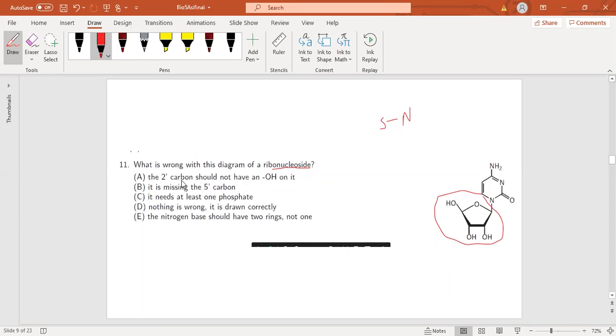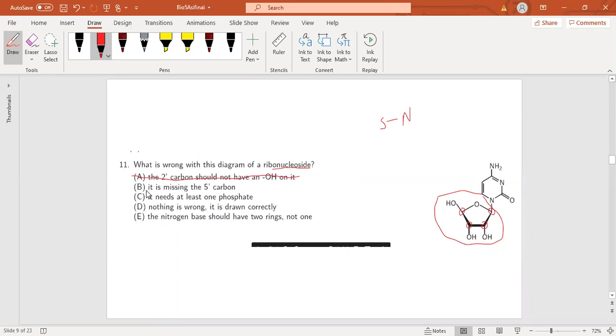The 2' carbon should not have an OH on it. Well, let's label the carbon. So we have our 1', 2', 3', and 4'. Well, our 2' carbon does have an OH on it, and it's saying we shouldn't. Well, if it didn't, then it would be considered deoxyribose. But since our question asks ribonucleoside, we are okay. So A is not correct.